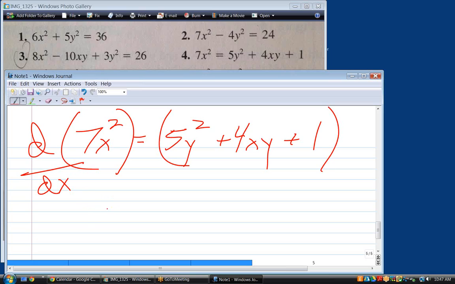Okay, so what's the left side? 14x. And on the right side? 10y. And then, is it y prime? Huh? And then 4. Yeah, now this one I don't really need parentheses, but I'm going to use them for clarification because it's really easy to get lost here.